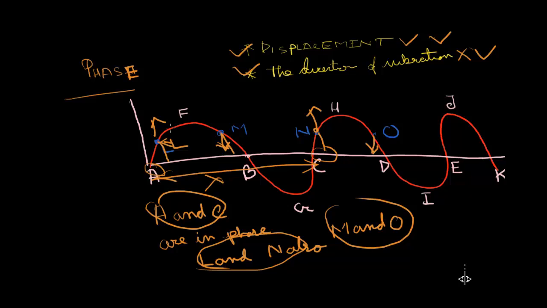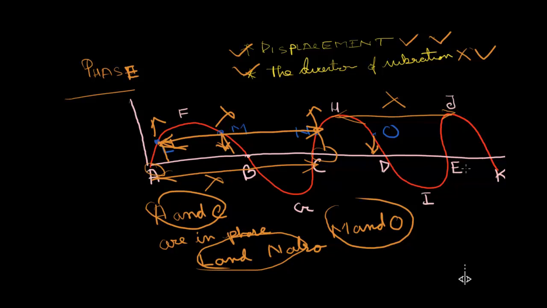And the distance between, say, L and N, this distance is the wavelength. Similarly, H and J are in the same phase, so this distance is the wavelength as well.